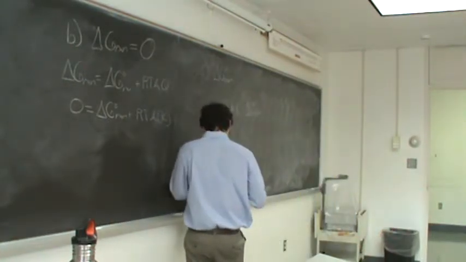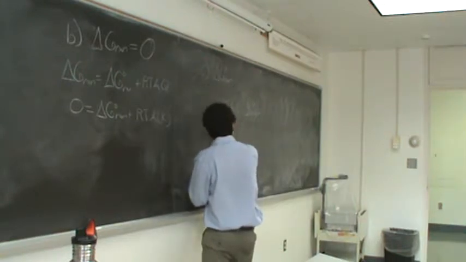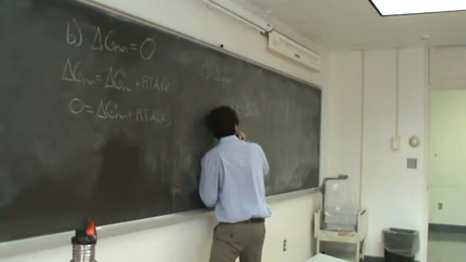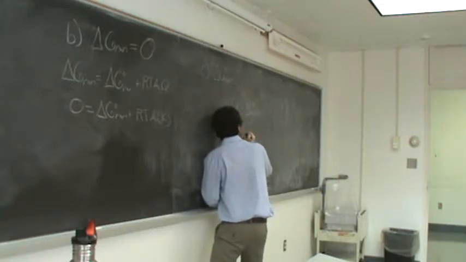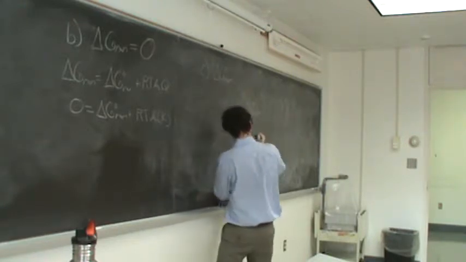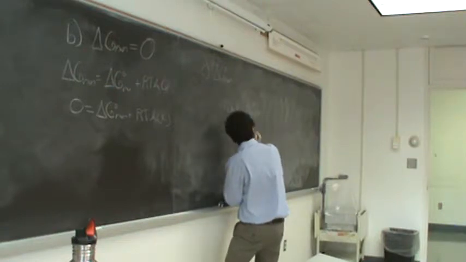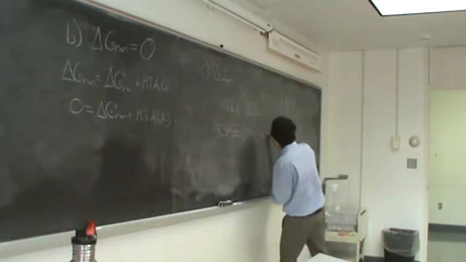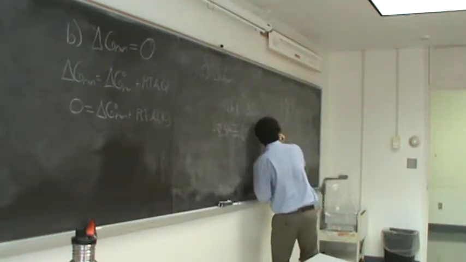What do you want to pick for your R value? 8.314 joules per mole K. What's our temperature in this case again? 393 K, and then we have ln 4.00.